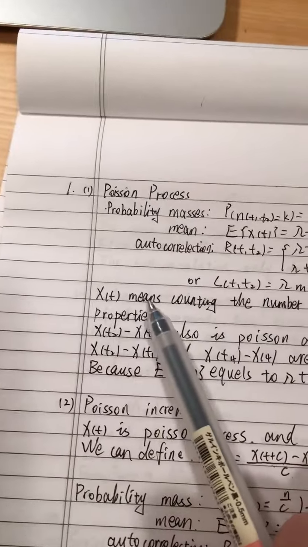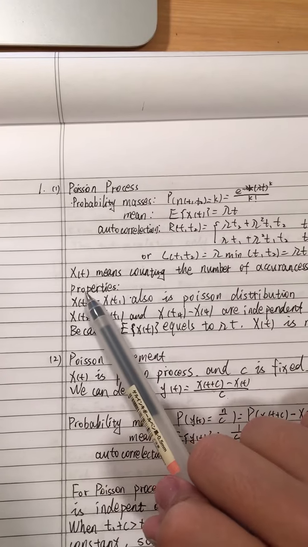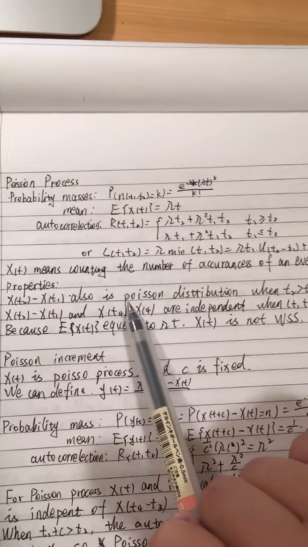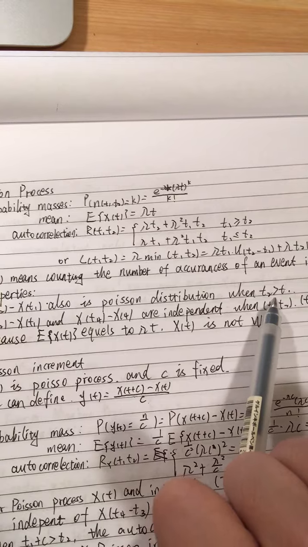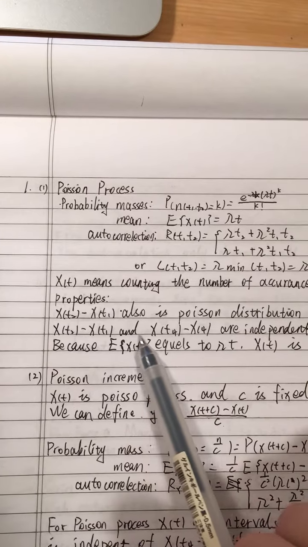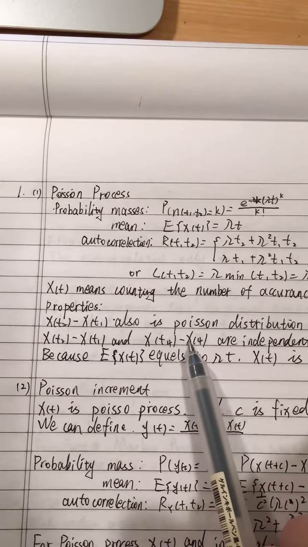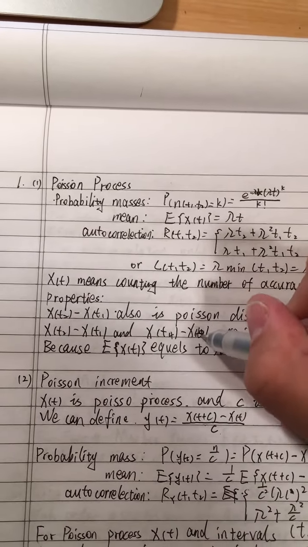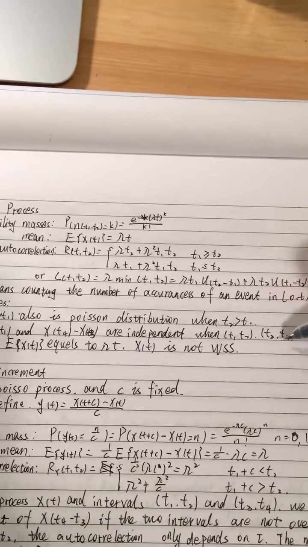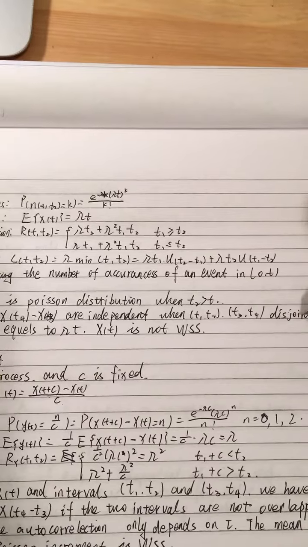So X(t) means counting the number of occurrences of an event in the interval t, and its properties are: X(t2) minus X(t1) also has a Poisson distribution when t2 is greater than t1, and X(t2) minus X(t1) and X(t4) minus X(t3) are independent when the intervals t1 to t2 and t3 to t4 are disjoint.